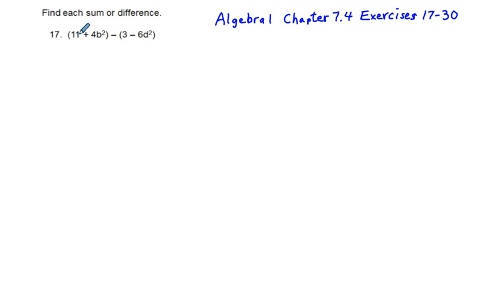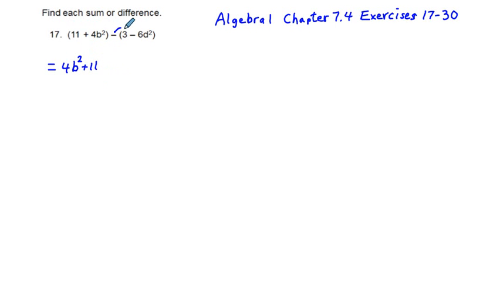We're going to combine like terms, and here we have subtraction. So I'm going to rewrite this 11 plus 4b squared in parentheses as 4b squared plus 11. That's just rewriting this expression in parentheses to put the highest power variable out front.